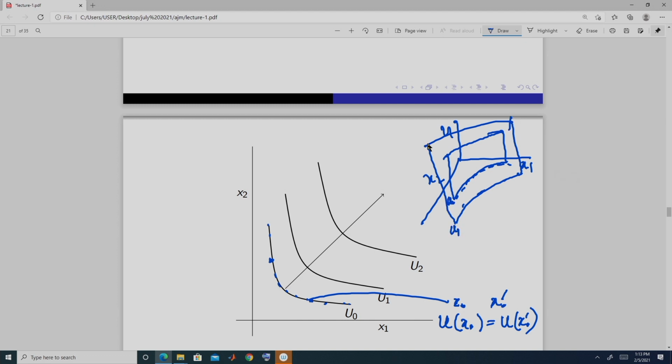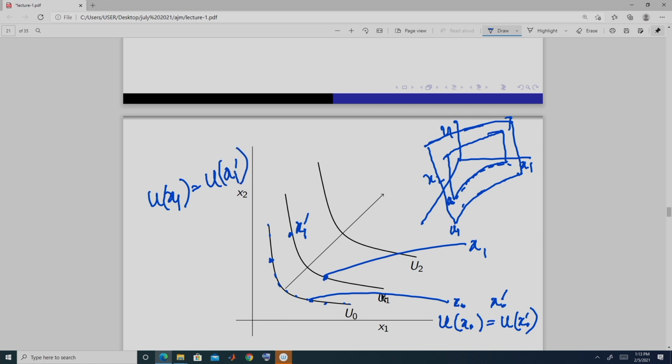Okay, something like this. So here if we take this, suppose this is x1 and this is x1 dash, then utility from x1 is equal to utility from x1 dash.